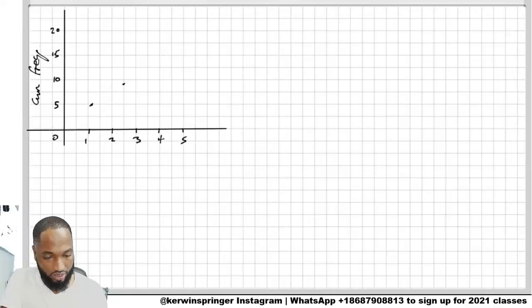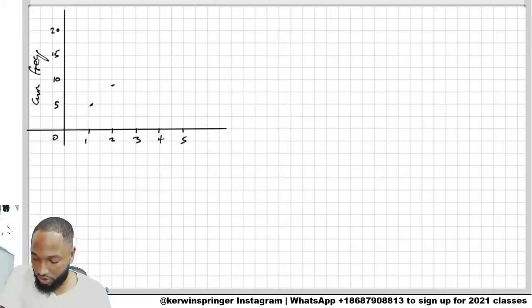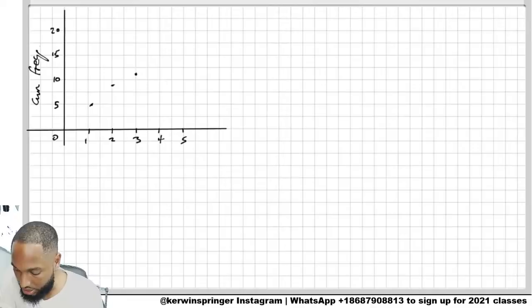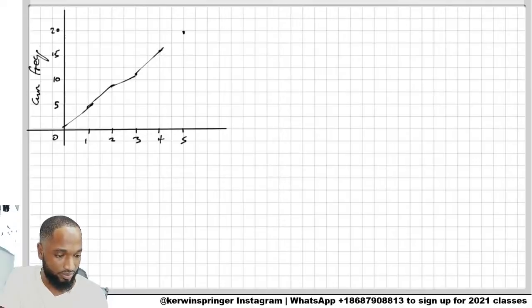This was here. Them 3 went about there so, and 4 went a little bit above 15, and this one went straight up to 20. Trinidad, you need to send me cash money for all this drawing.